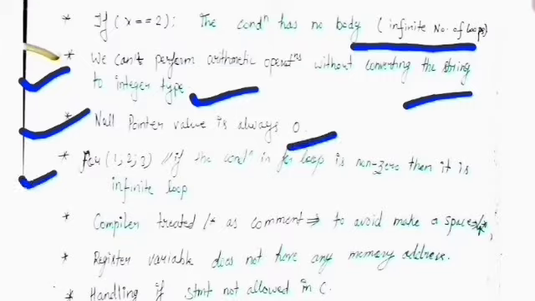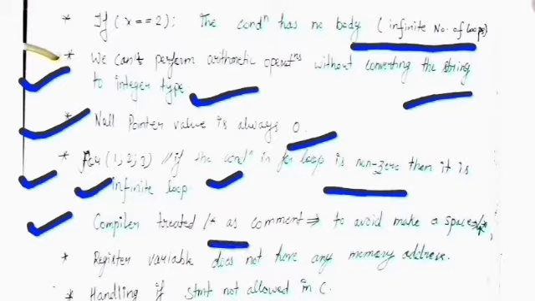And here, for(1;2;3), if the condition in the for loop is non-zero, then it is an infinite loop. And the compiler treats /* as a comment, so to avoid it, make a space between the / and the asterisk.